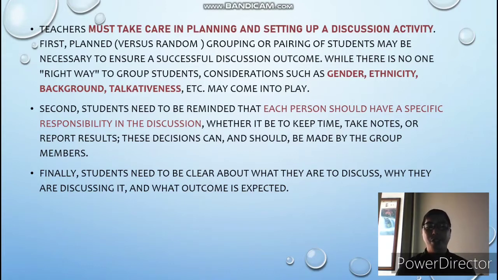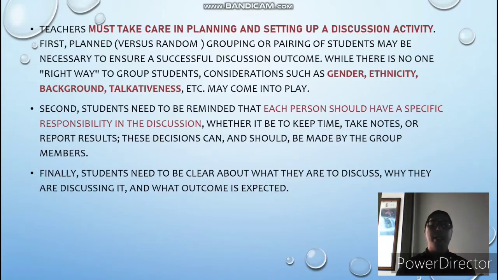These decisions can and should be made by the group members. So they would be the ones to discuss who would be doing that particular task, who would be presenting the results of the discussion, who will be timekeeping, and etc. So that's the second thing that we should remember.